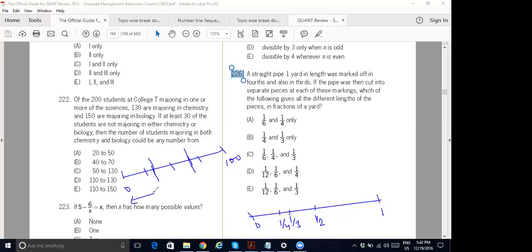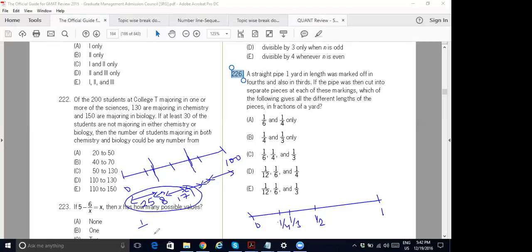We know this is one length, this is 25, this is 8 point something, and this is close to 17. This again is close to 17, this is close to 8, and this is close to 25. So we have three different lengths.